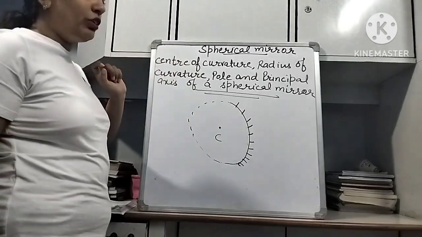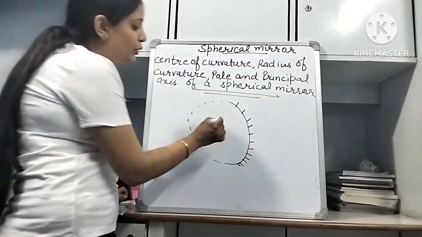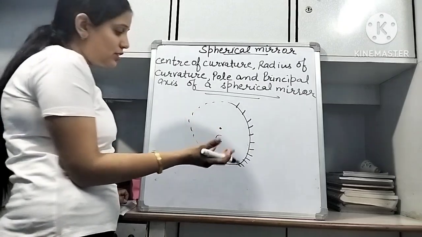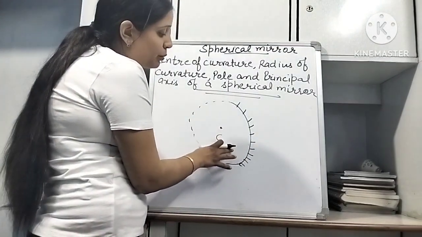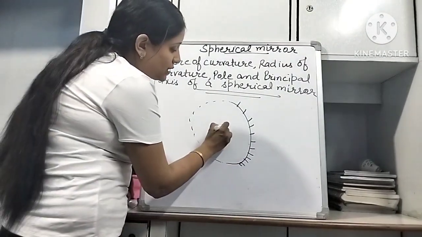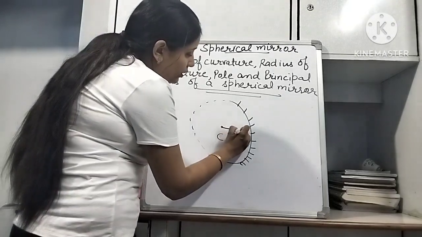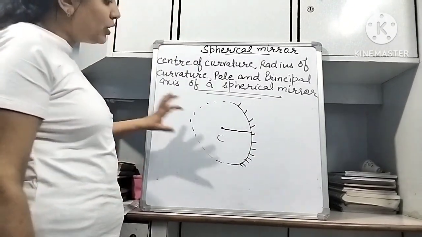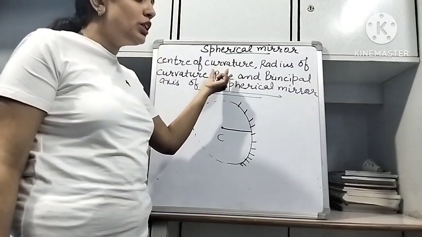Next is radius of curvature. We all know that the distance between the center and the outer surface is known as the radius. In the spherical mirror also, the distance between the center and outer surface is known as the radius of curvature. Firstly, we will discuss the term pole. What is pole?